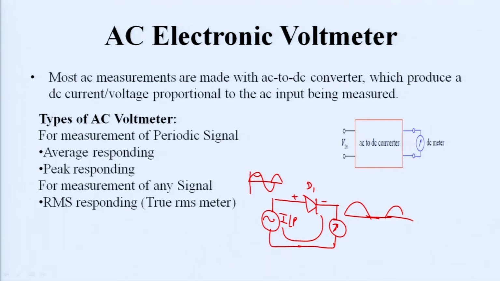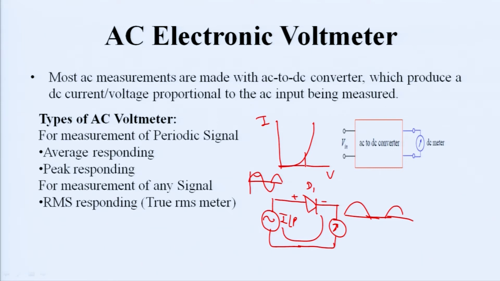But what is the drawback of this circuit? That this diode behavior is very non-linear. If we draw the input characteristic of this diode in the positive region, when the voltage increases, this is the linear region, which will follow Ohm's law, but the lower portion of the diode current is not following Ohm's law.